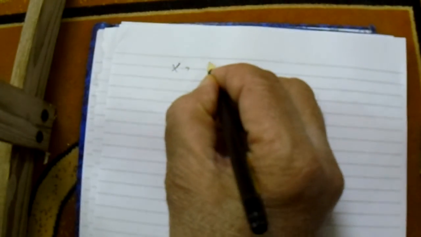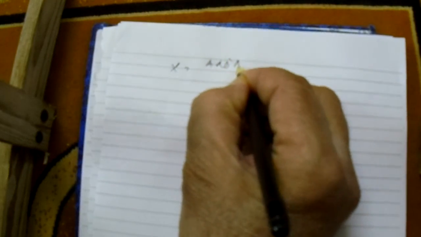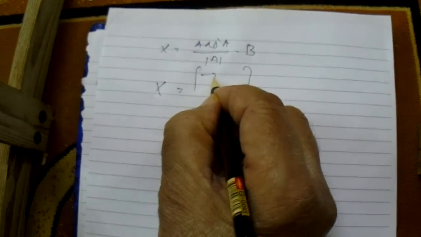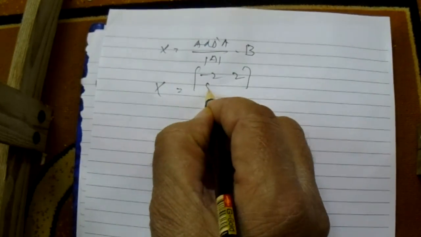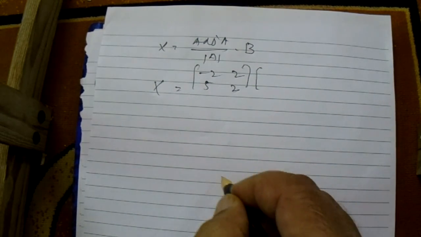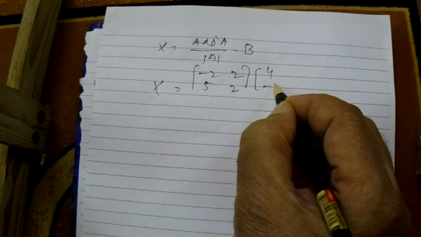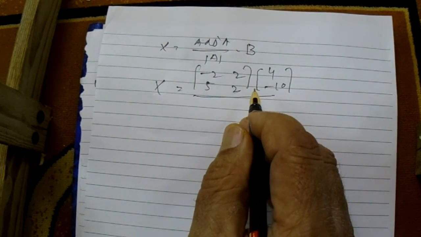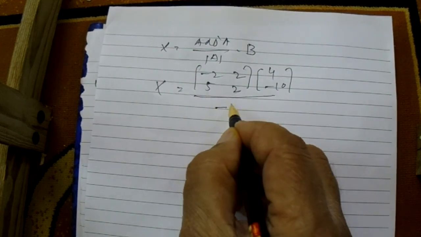We know that X is equal to adjoint A over determinant A, into B. Here we have found the adjoint A: [-2, 2; 5, 2], and B is [4; -10], over the determinant of A, -14.